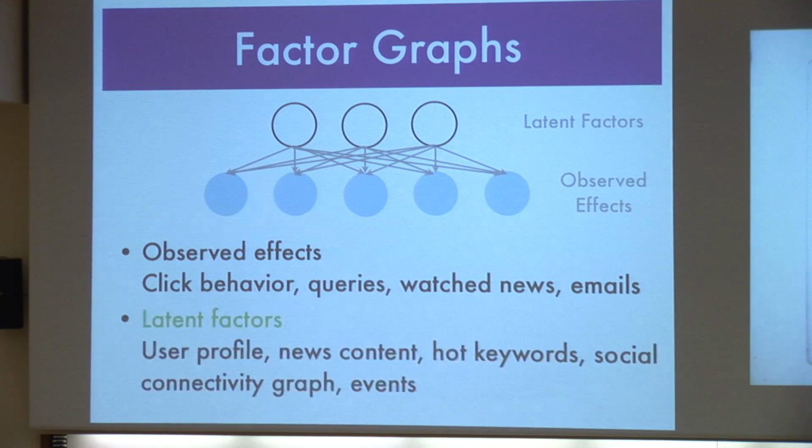Latent factors would be user profiles, news content, which keywords, who I'm connected to, basically just any attributes that I can't measure directly, or that might be too expensive to measure directly. So for instance, in many cases, I could actually go and pay an editor to look at a user session, to analyze it, and to come up with a best guess. And then I could even pretend that this best guess is the truth, which is probably really far from the truth.